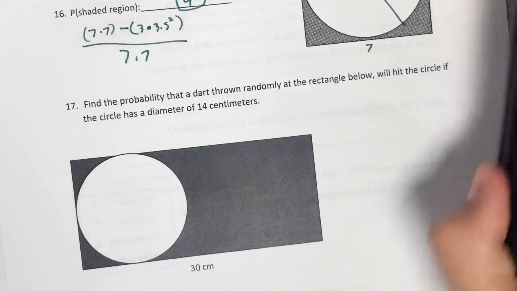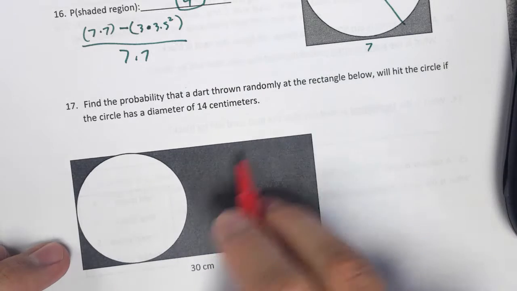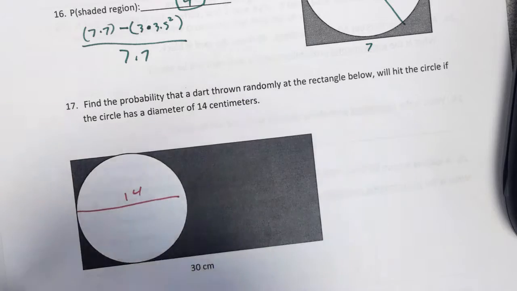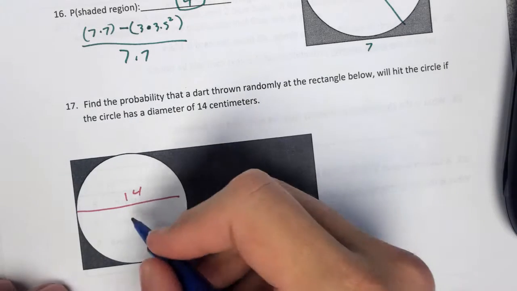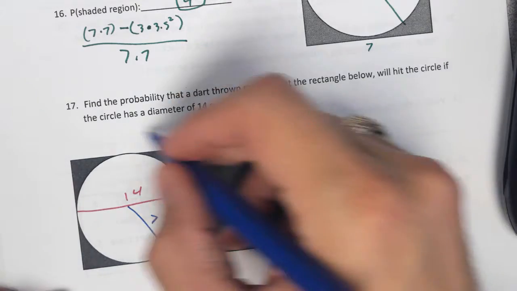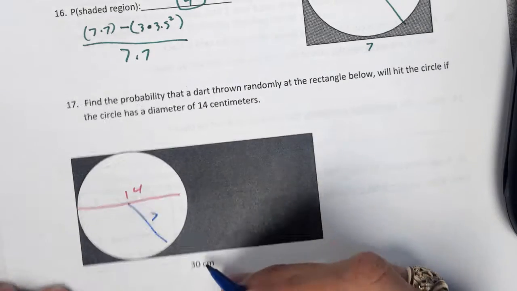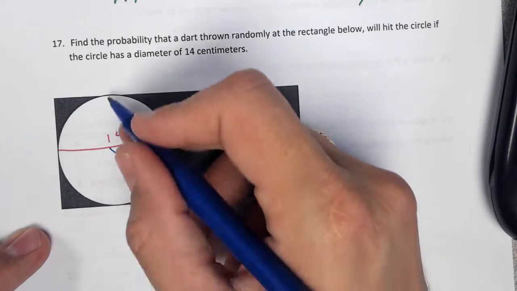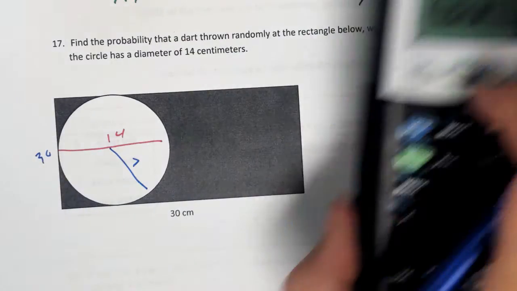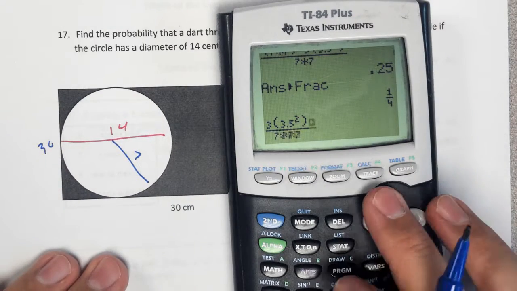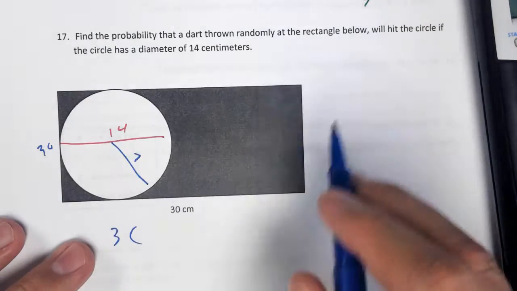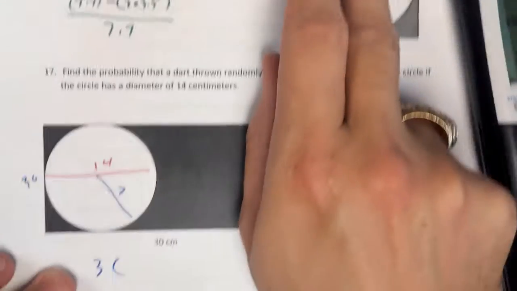So my diameter for this is 14. That means my radius is half of that, and that is 7. My area for this is 30, and this is the same as the diameter of the circle, 30 there as well. So I can change this. Let's do it here. 3 times, that's pi r squared.